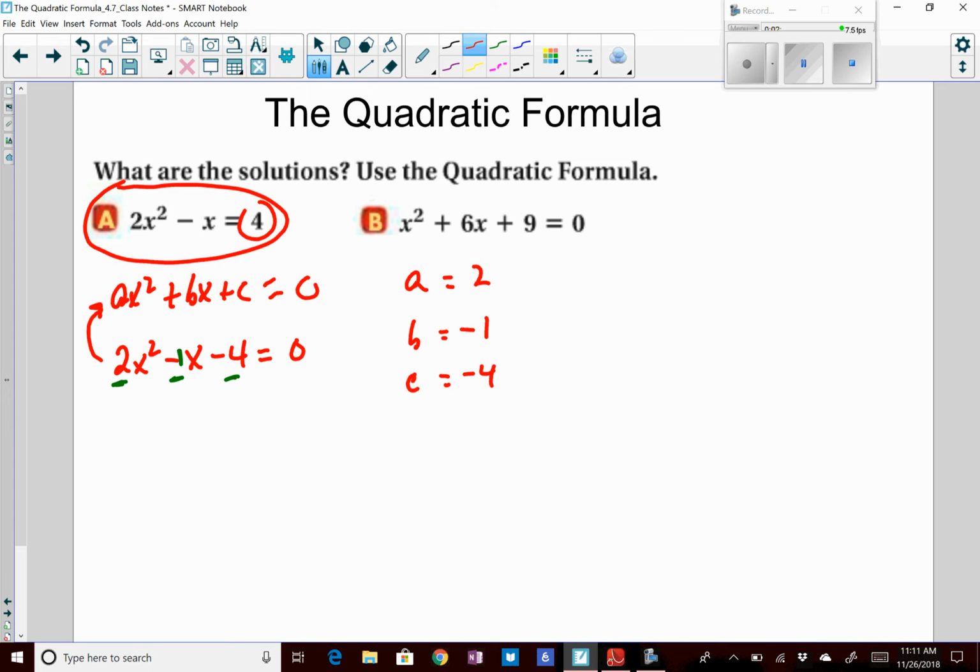Once we've identified a, b, and c, the next thing is to write down the formula. So x equals -b plus or minus the square root of b squared minus 4ac all over 2a. Now we're ready to take a, b, and c and substitute into the formula.